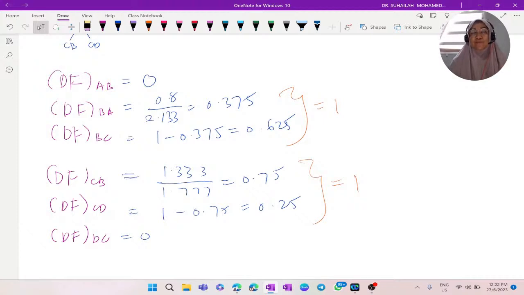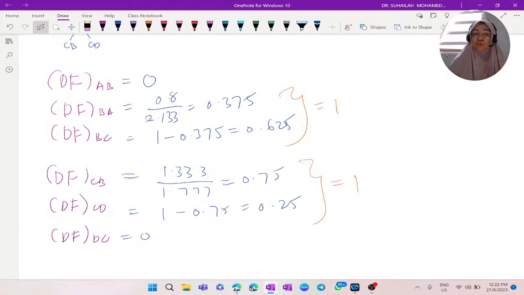From the stiffness of the members, we combine to get the joint stiffness, and from that, we calculate the distribution factor using a simple formula: member stiffness divided by joint stiffness. Remember, the distribution factor for a fixed end is equal to 0, for a pin or roller end it is equivalent to 1, and the distribution factor for each joint is also equivalent to 1.